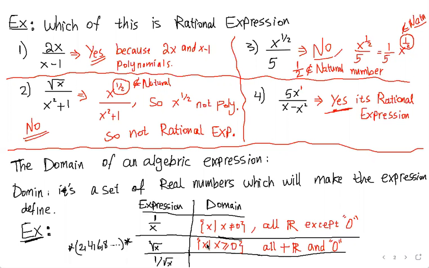It's x greater than 0 only, without the equal. Why without? Because if I plug the 0 here, that makes the expression 1 over 0, undefined. So the answer here is x such that x is greater than 0, without the 0, because if I plug the 0, it keeps the expression undefined.